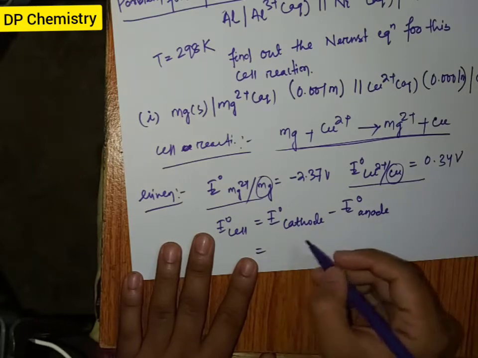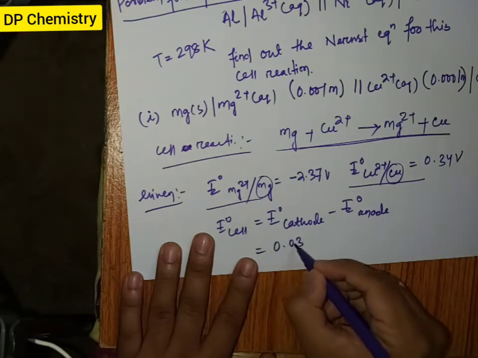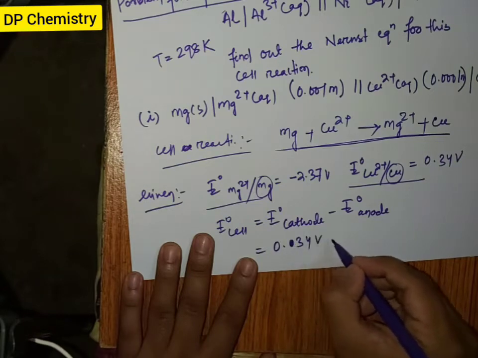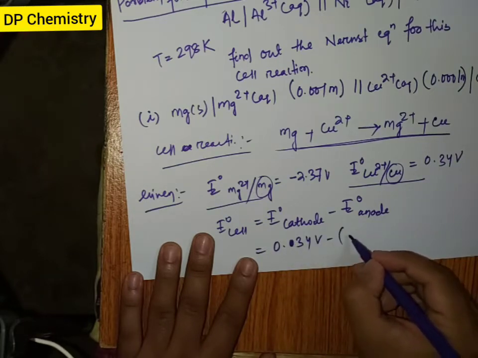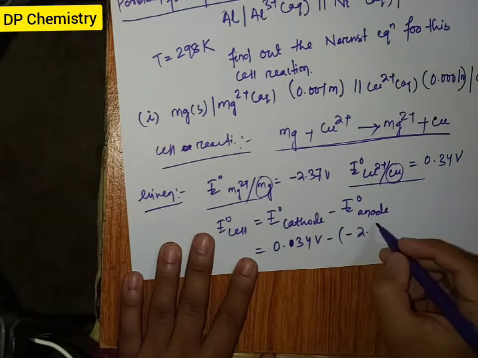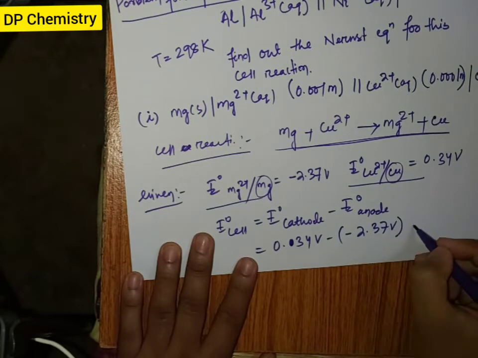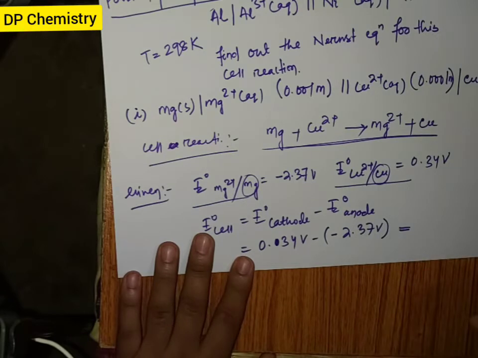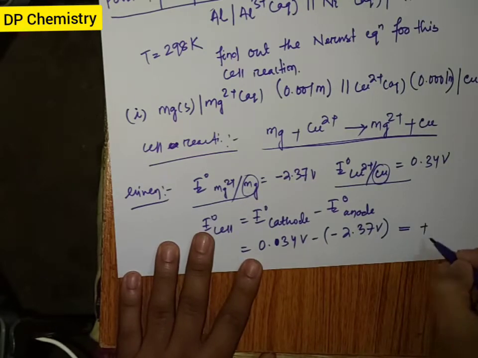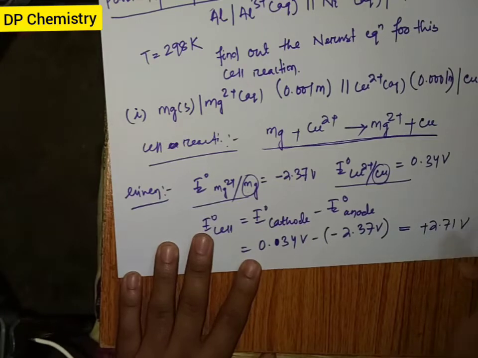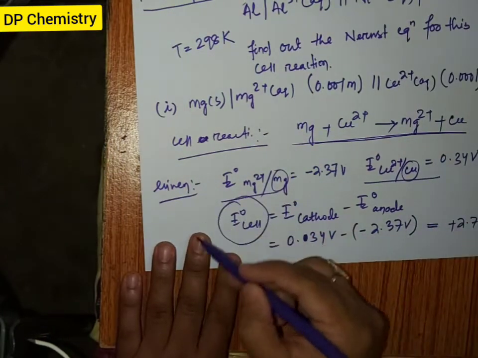So this will turn out as 0.34 volt minus (minus 2.37 volt). So this is going to be plus 2.71 volt.